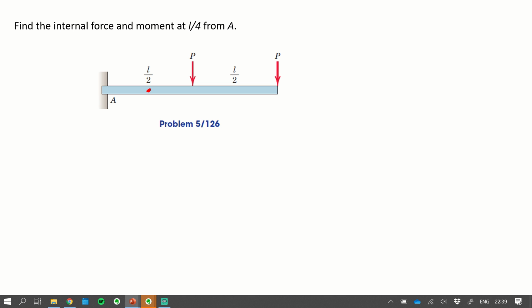The same as before, we can answer this by creating a cut like this, and we can analyze either this part or this part.